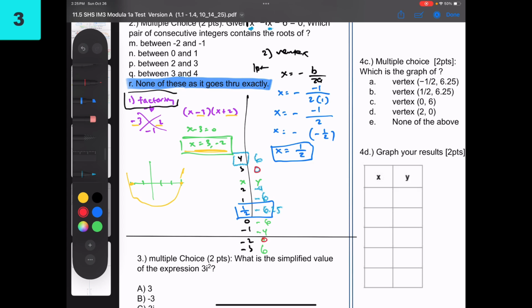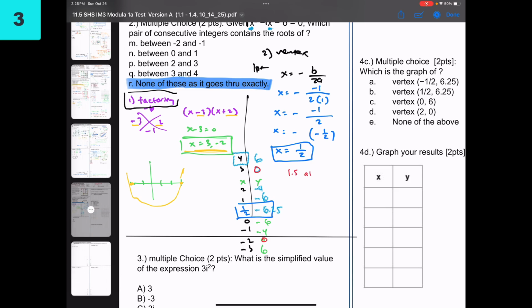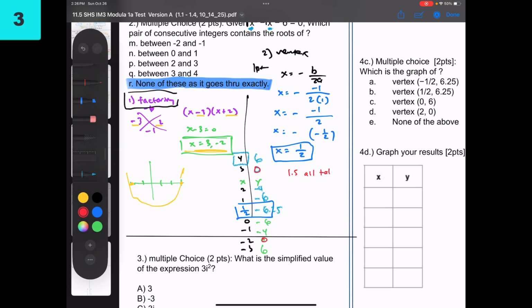Okay. So if you had the whole table correct, I'll give you 1.5 points. The whole table is correct, and it has the 0. And let's just say you marked M or P, I would have given you 1.5 points. I also would have given you 1.5 points if you had the partial table correct.